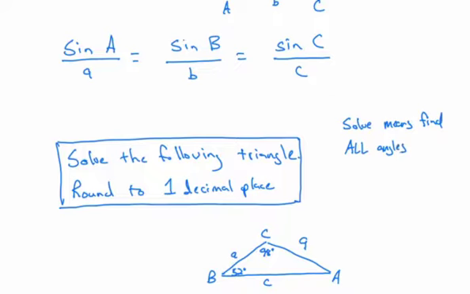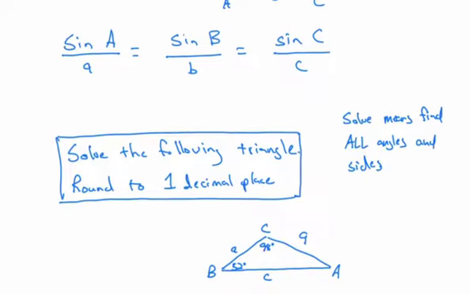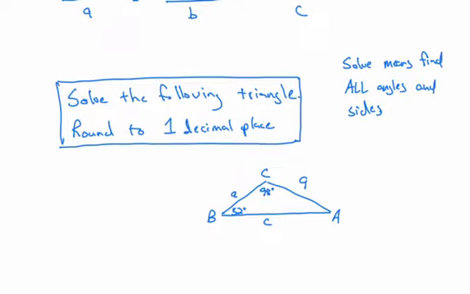angles and sides. So the triangle that we have below here, two of the angles we have already. We've got angle B. Angle B is 52 degrees. Angle C is 98. We also have side B. Side B is 9.